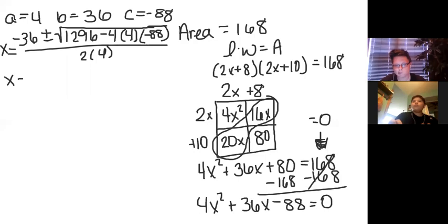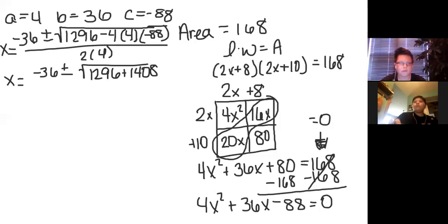So I get negative 36 plus or minus. So negative 4 times 4 is negative 16. Negative 16 times negative 88 is 1,408. 1296 plus 1408. Then I divide all that, of course, by 8.